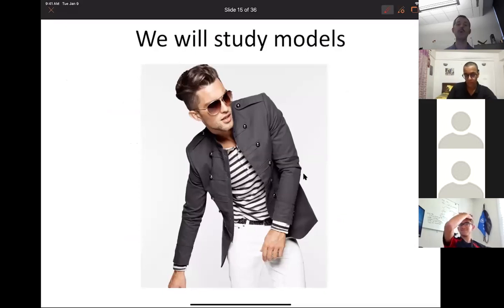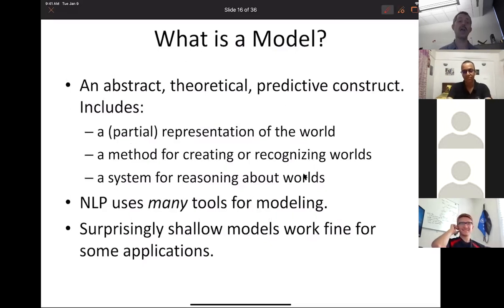So in this course, we will study models. What is a model? It's an abstract, theoretical, predictive construct. It includes three parts. You have to have a partial representation of the world, and then a method for creating or recognizing worlds, and a system for reasoning about worlds.